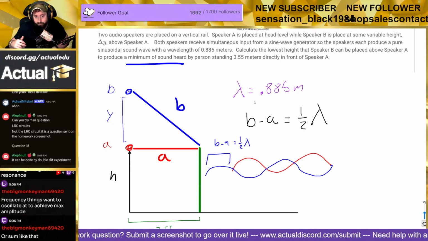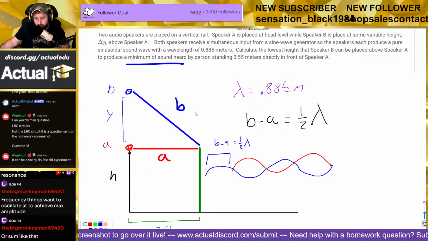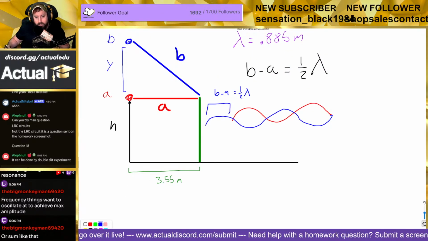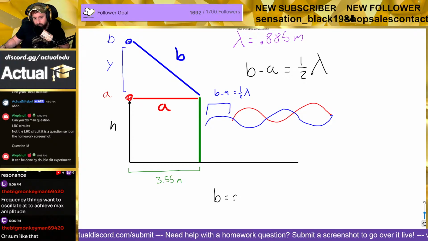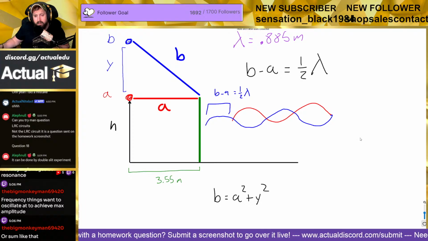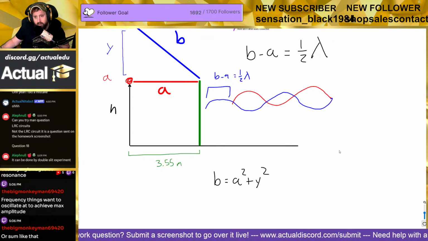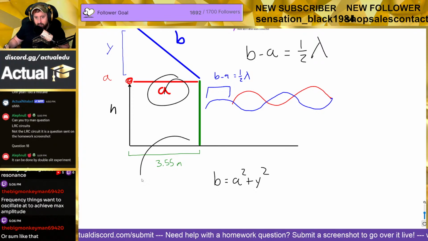Okay. Well, I think this is just like the Pythagorean theorem, right? Because B is equal to the square root of A squared plus Y squared. And I want B minus A. Oh, and we already know what A is. A is 3.55.